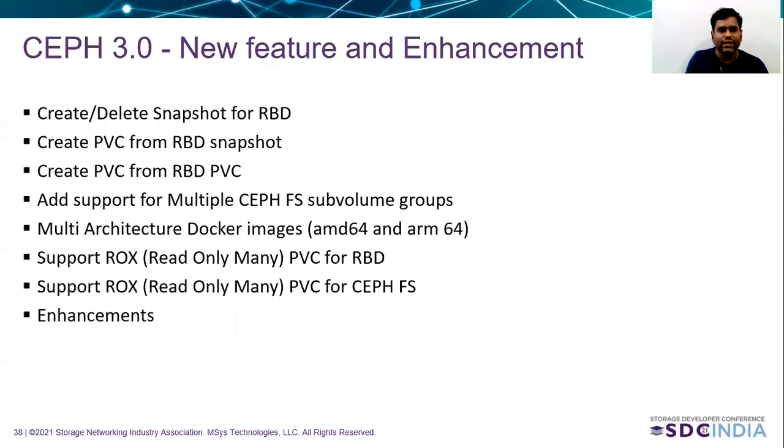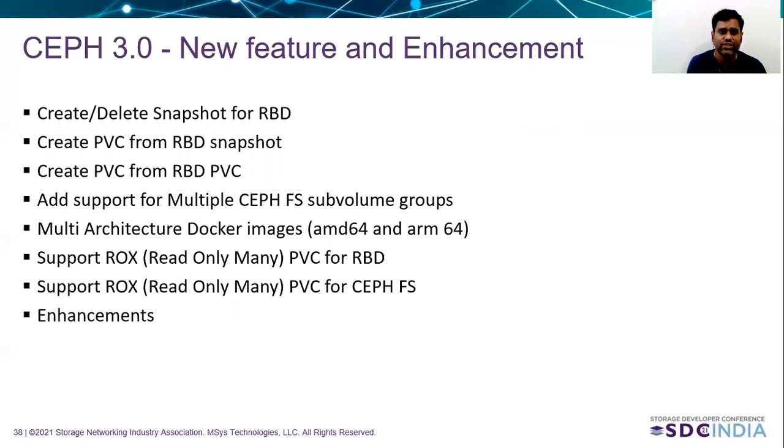We all know what the new features and enhancements in Ceph 3.0 are. I just want to go through some basic features, though they implemented a lot of enhancements as well.